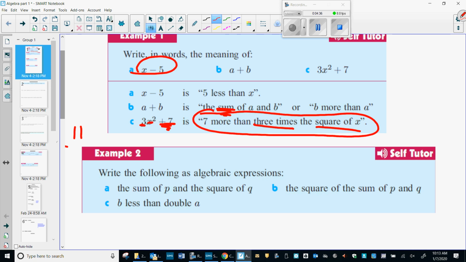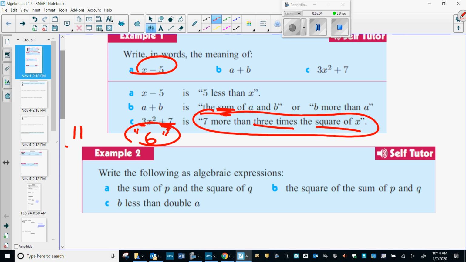No, sorry, 6. So we're trying to explain that we're trying to get the number 6, and that would be 5 less than 11. Whilst it may sound a bit weird, the way they've written it, as long as we understand which way round it's going, that's the important thing.